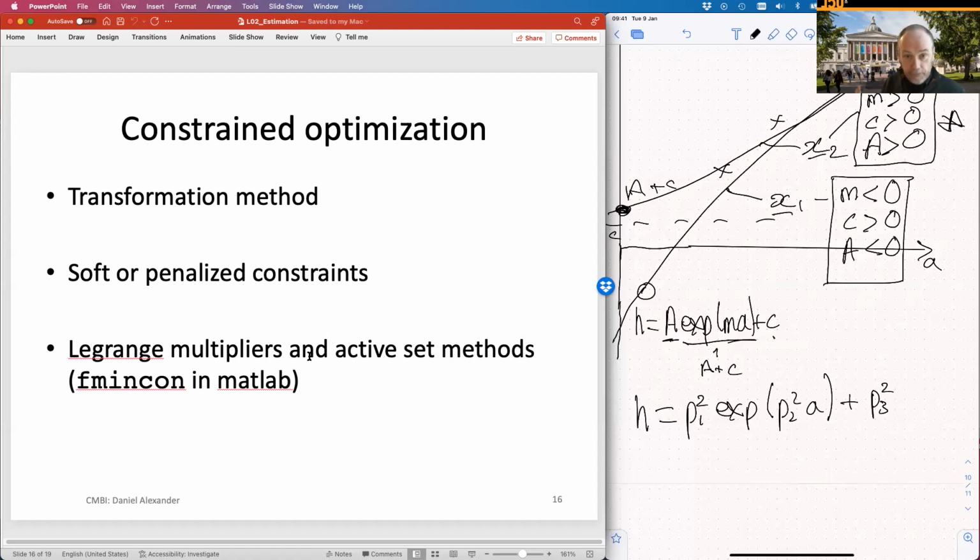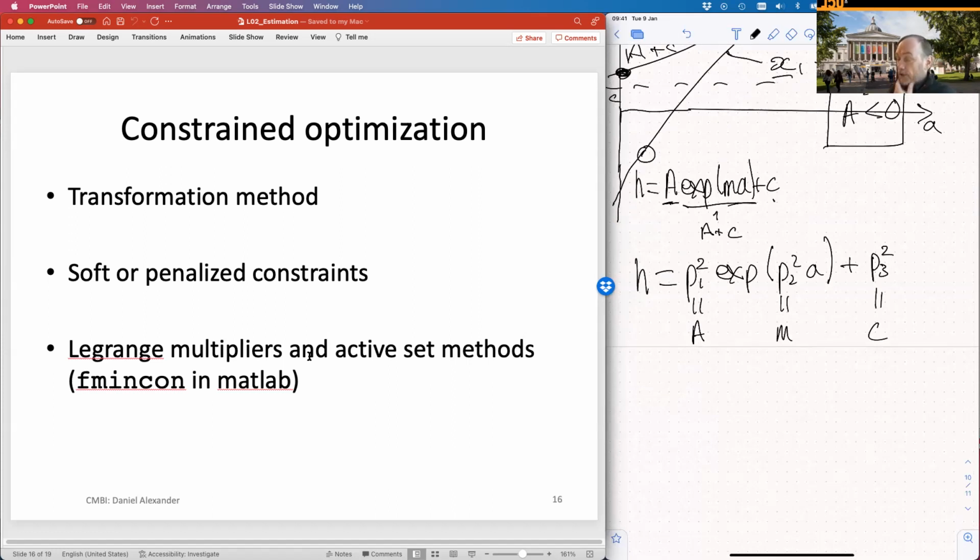But then once it's converged and we've got values for P1, P2, and P3, we then transform them back into A, M, and C by squaring them, and that guarantees that the values of A, M, and C are positive, and guarantees that we get this particular solution that we're looking for. Okay, so that's a very simple transformation method, and you can think of other transformations that can impose other kinds of constraints.